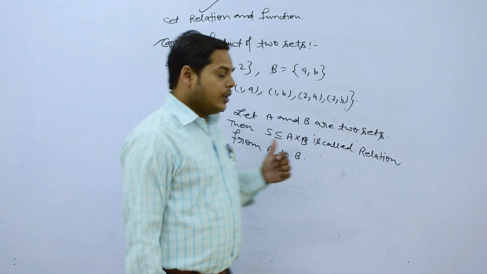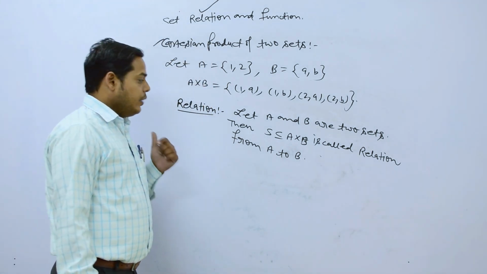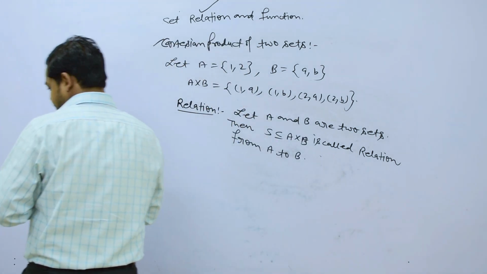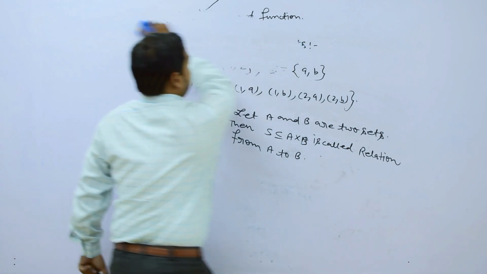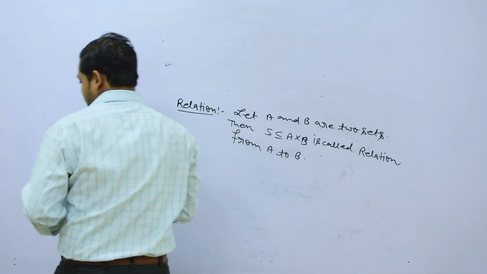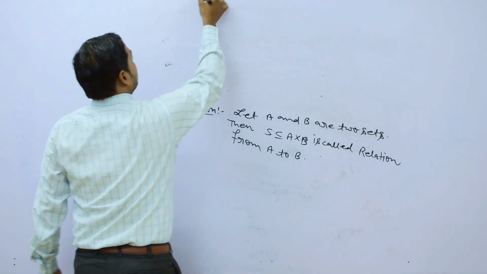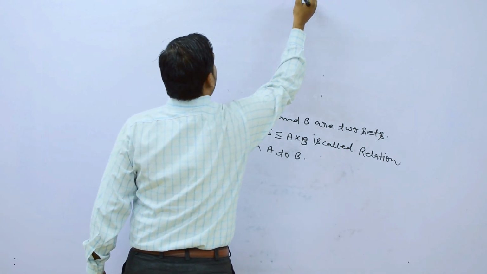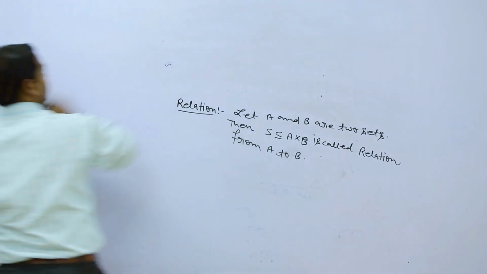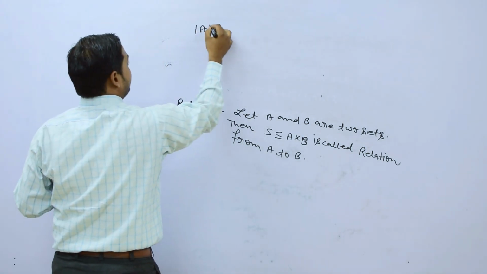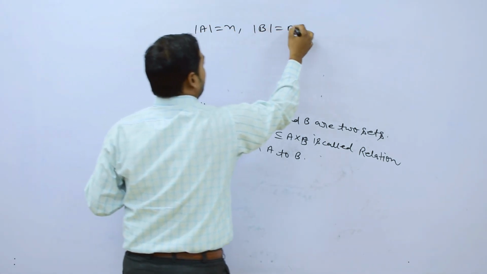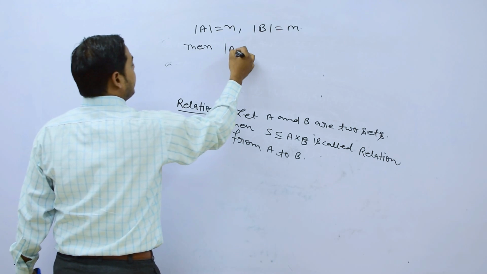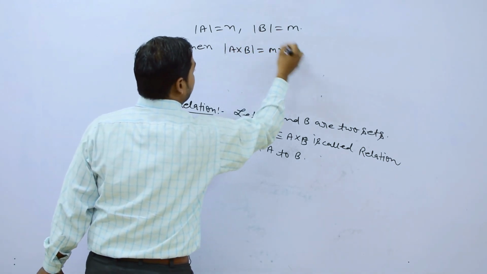Now we are determining how many relations we can form if the cardinality of set A and cardinality of set B is known. Suppose cardinality of A equal to n and cardinality of B equal to m. Then cardinality of A cross B equal to mn.